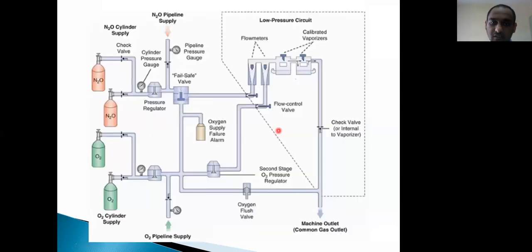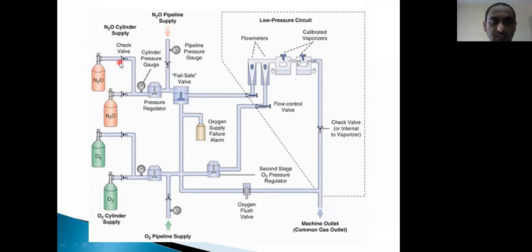Now this is the layout of the anesthesia machine, right from the cylinders to the common gas outlet, and the components as they are arranged, and the important subcomponents in all of these pressure systems. So we start from the cylinders.